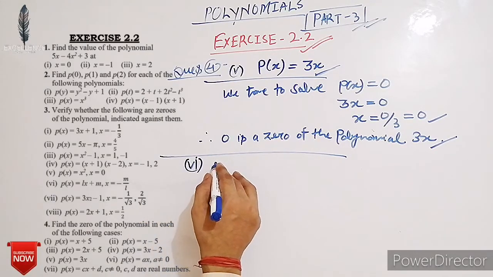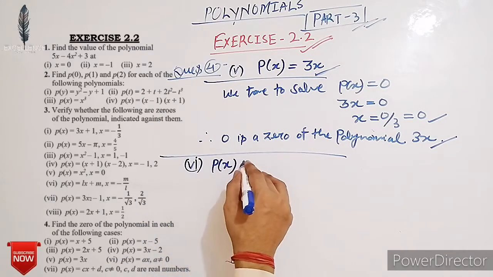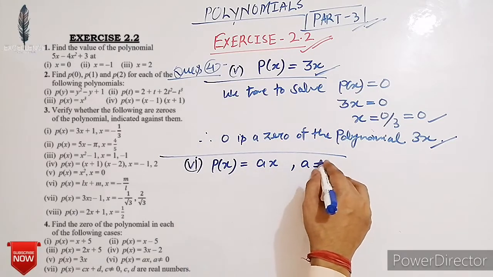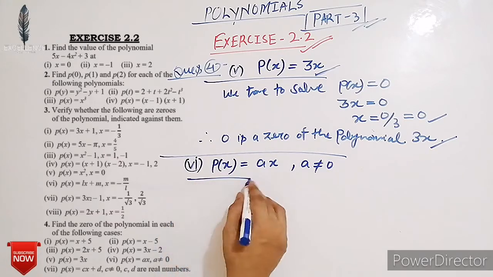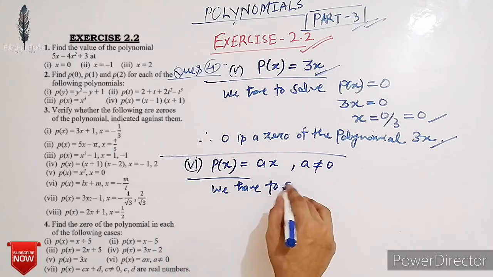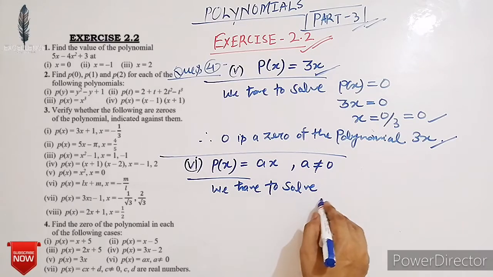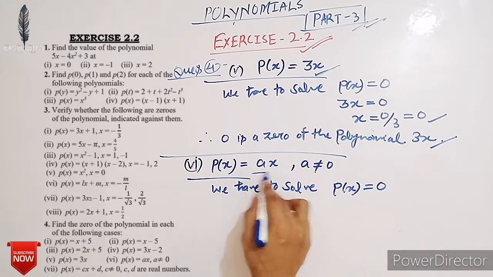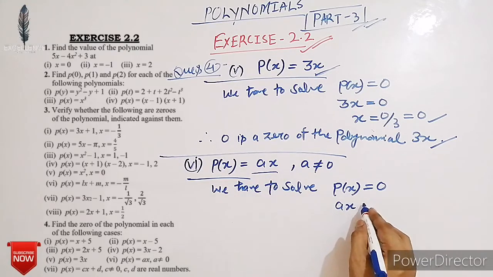Now next is P of x is equals to ax, where a does not equals to 0. It means that a is a non-zero real number. So here we have to solve P of x is equals to 0. Here P of x is equals to ax. So ax is equals to 0.